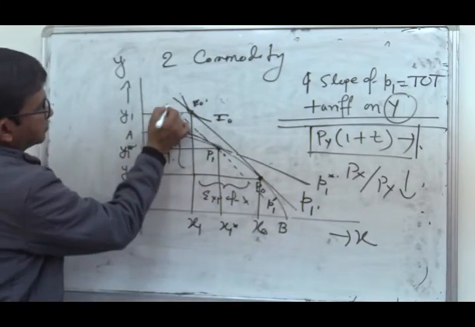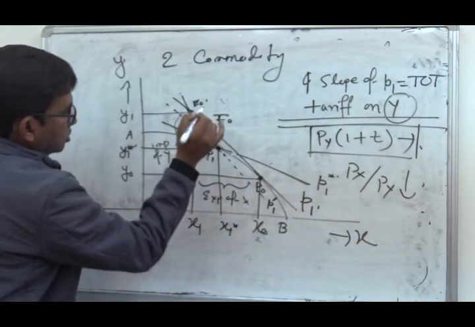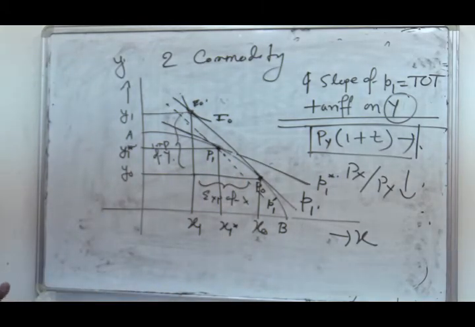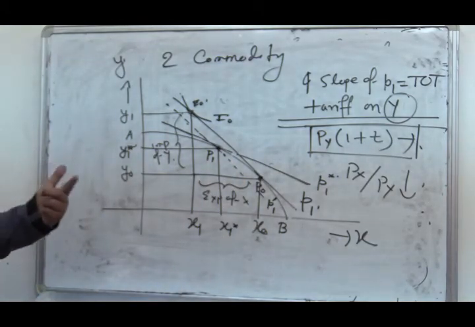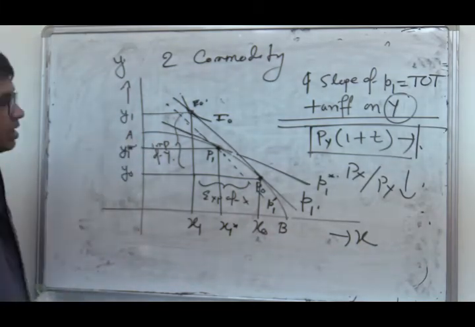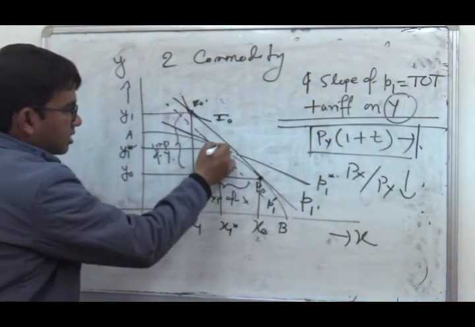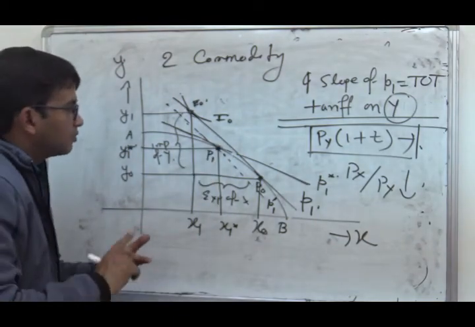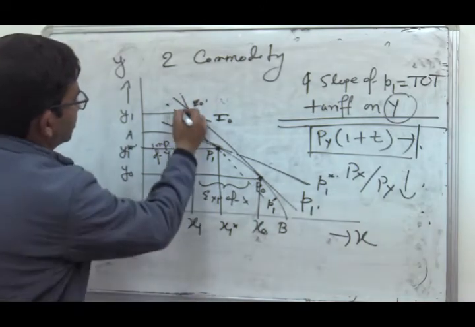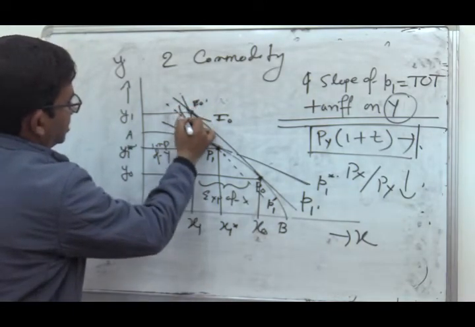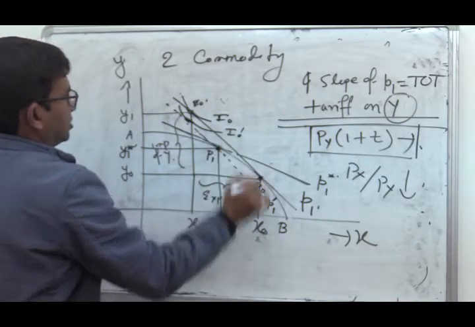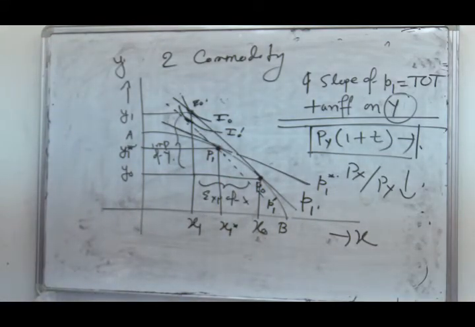That means the slope of this P1 dash indicates the international terms of trade. So what will be the new equilibrium point? Even after changing the production, if the exchange is allowed at international terms of trade, we can get this as the consumption equilibrium on the I0 dash indifference curve.